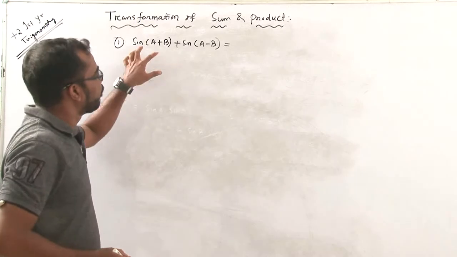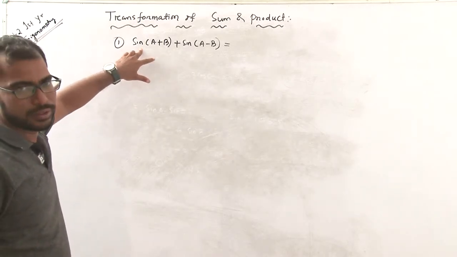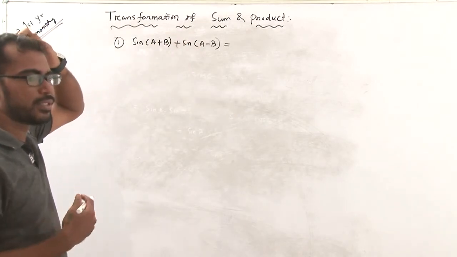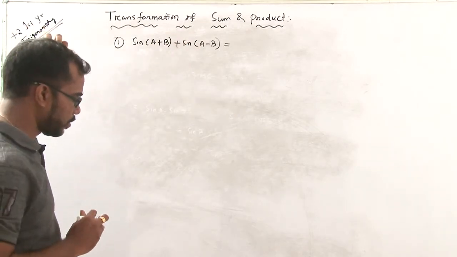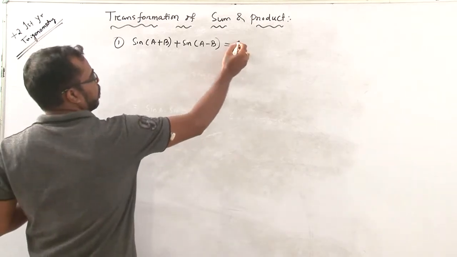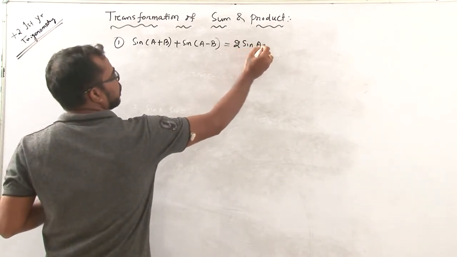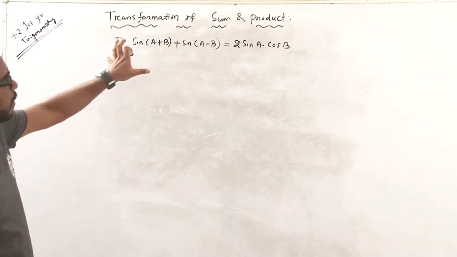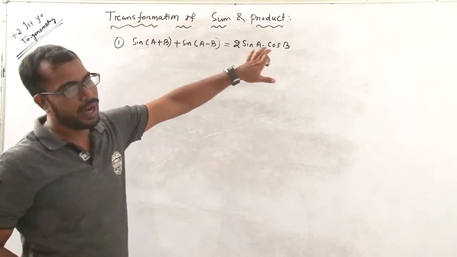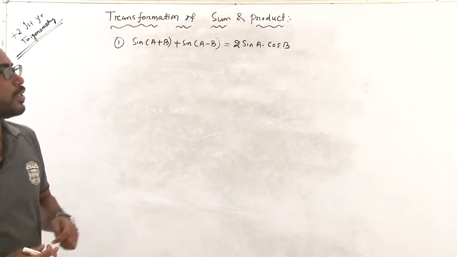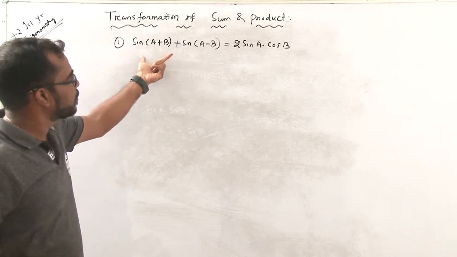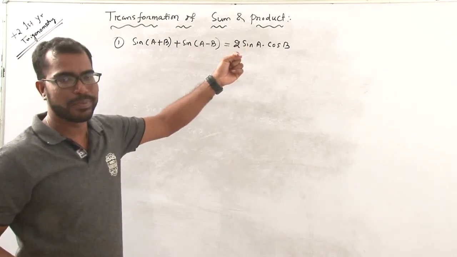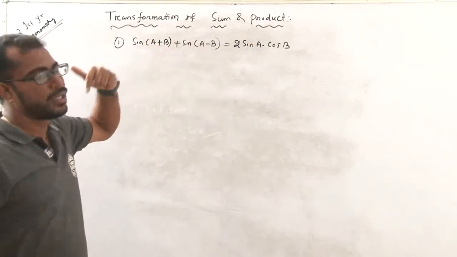If we apply the formula for sin(A + B) and sin(A − B), then we can cancel two expressions, and we get the result 2 sin A cos B. The left part is the addition and subtraction and the right part is the product. So this is the transformation of summation or subtraction into product, or we can express a product as addition and subtraction.